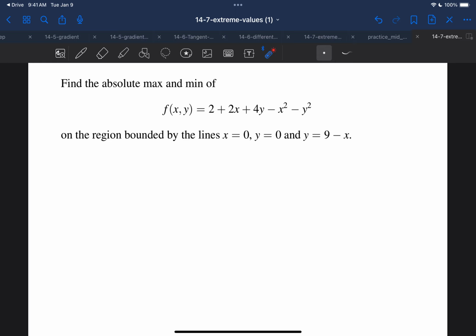So our domain is: x equals 0 means the y-axis, y equals 0 means this one, and y equals 9 minus x has intercept 9 and slope negative 1.